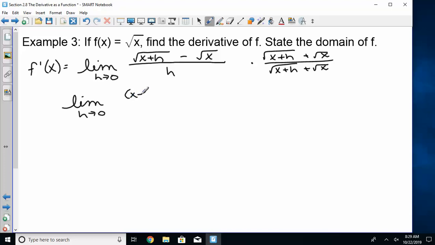That gives me an x plus h minus x over h times the radical x plus h plus radical x.